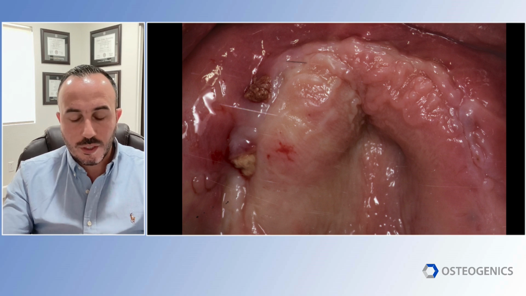That's more anterior. And whoever is following Osteogenics social media, I just mentioned that this is an older case. Nowadays, I use Glycolon for my horizontal mattress sutures because I don't want to go back and remove them, because it gets embedded in and it's hard to remove. So now we have a complication.